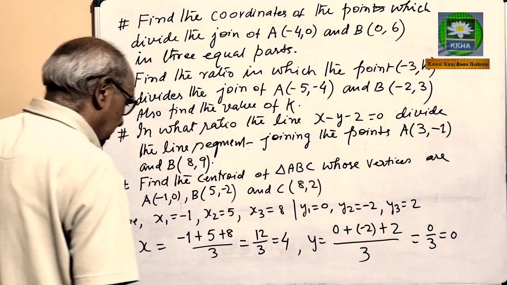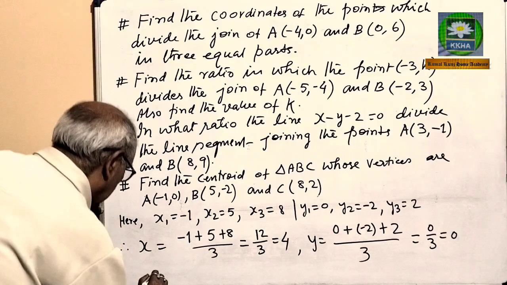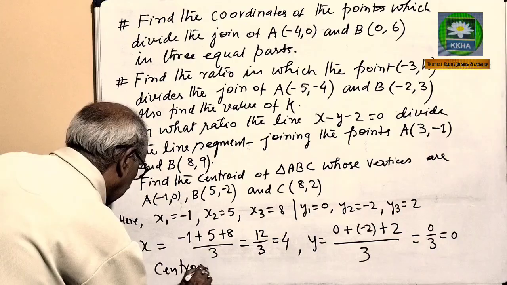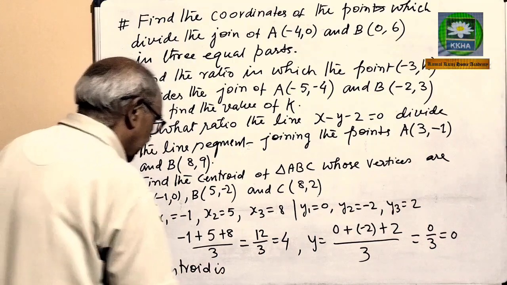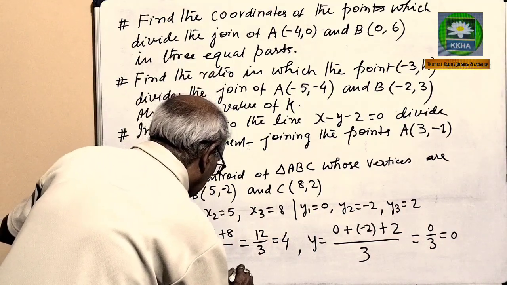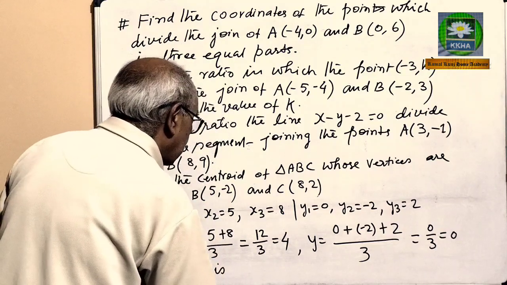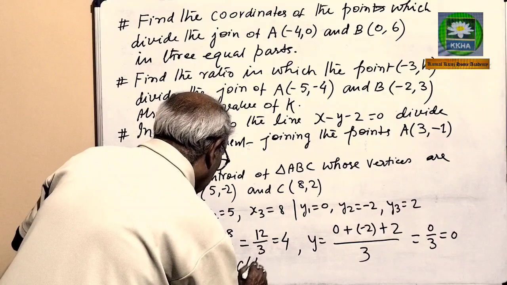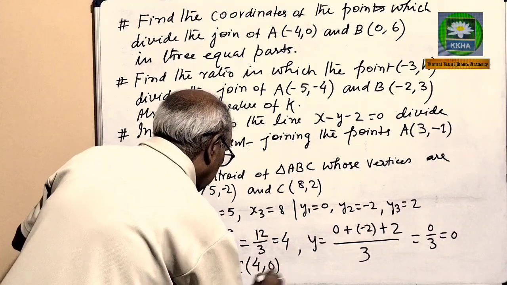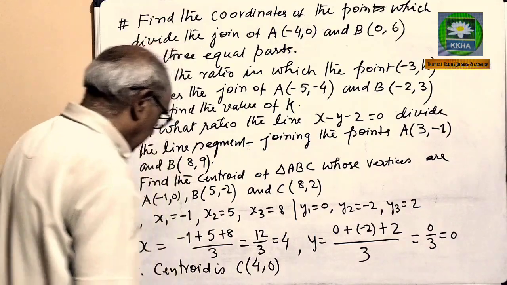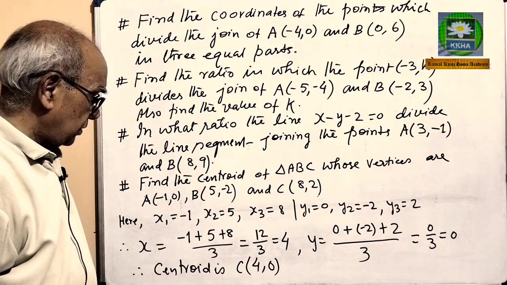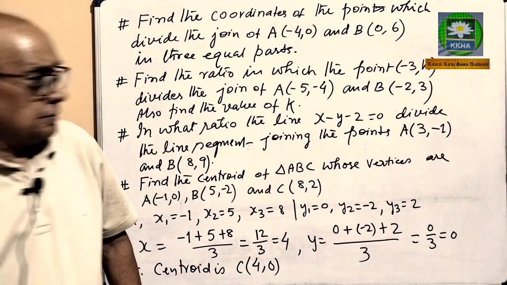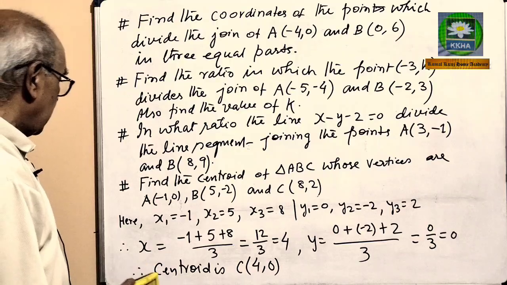Hence, the centroid, suppose it is denoted by C, then x value is 4 and y is 0. So coordinates of centroid are 4 and 0. Now let us solve the next problem.